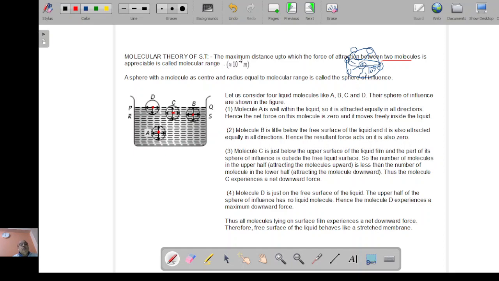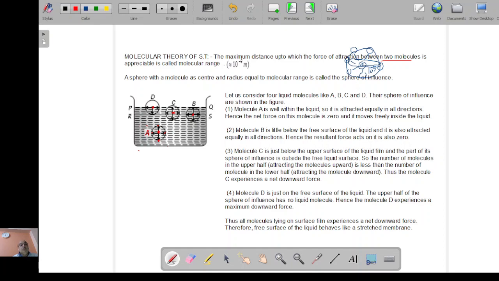First of all, we consider the molecule A, which is well inside the liquid. And here is the sphere of influence. It means the nearby molecules within the range of 10 to the power minus 9 meter will attract this reference molecule A all around it.